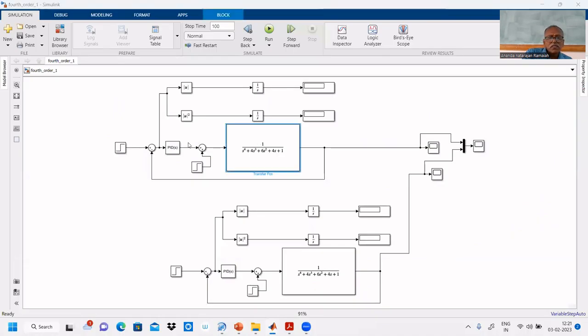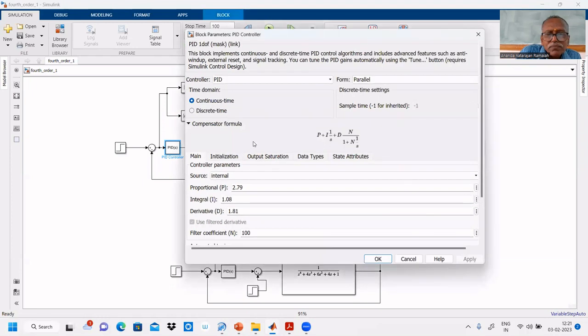Now let us simulate. Let us put here a P only controller, a 4th order process. Ultimate gain is 4. For a P only controller, we make this 0, because Kc by Ti can be given 0.